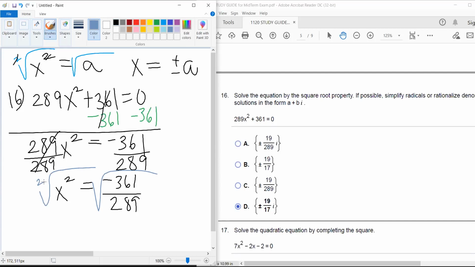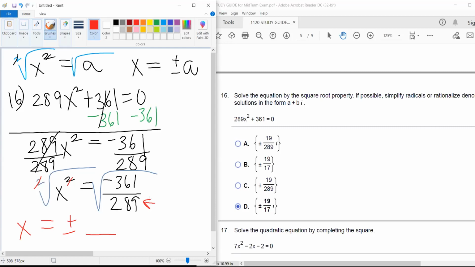On the left side again, the root and the exponent cancel out, leaving us with just x. And the highest exponent 2 tells us how many answers we should get, whether they're rational answers or imaginary answers. So when you take the square root, you have to put a plus minus sign to guarantee two answers.